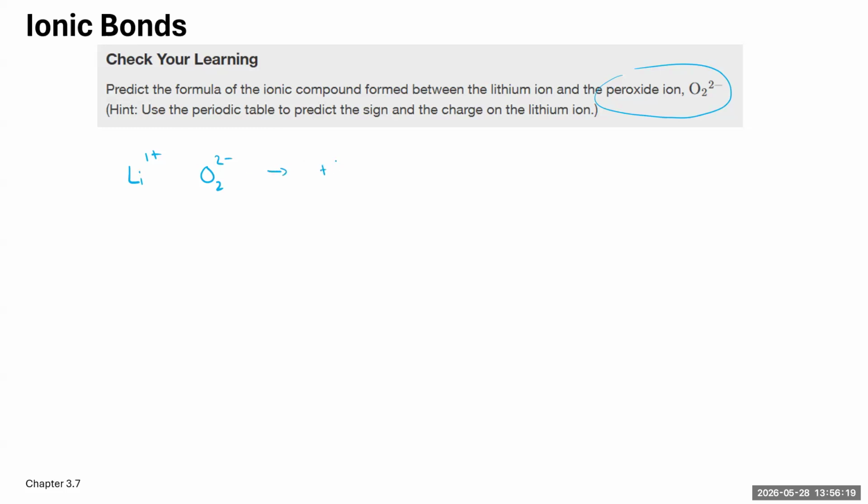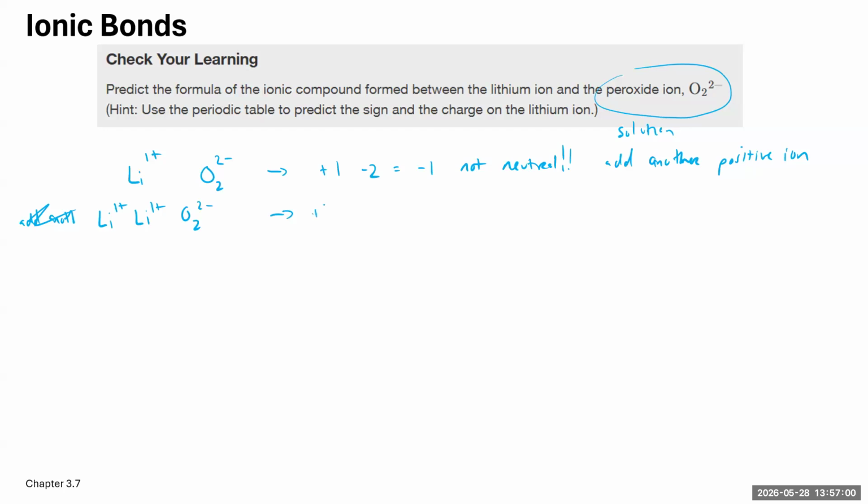So that's like saying plus 1 minus 2 equals -1, not neutral. So we have to add another positive ion, right? So now it's going to be Li1 plus, Li1 plus, O2, 2 minus.